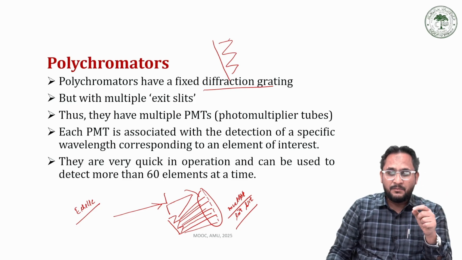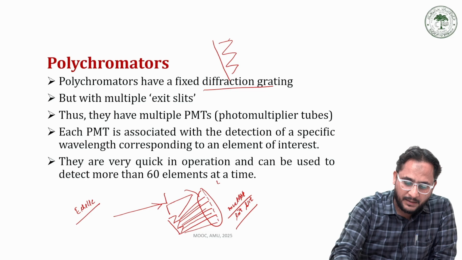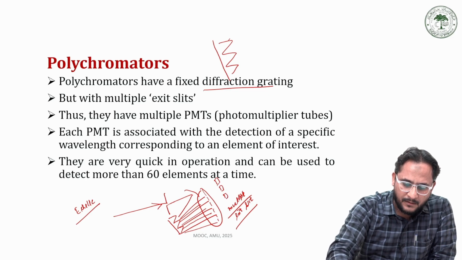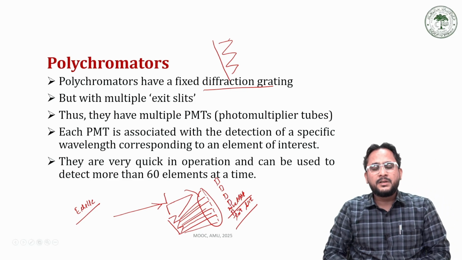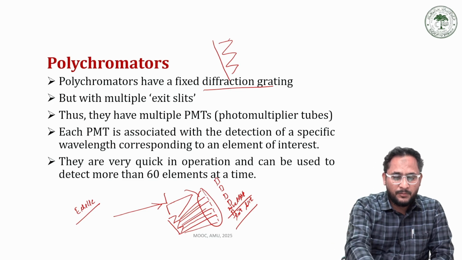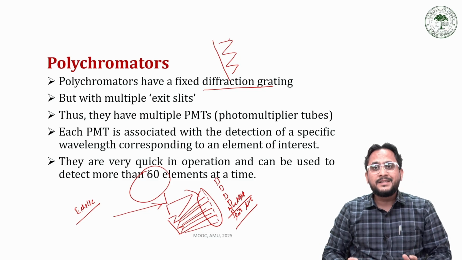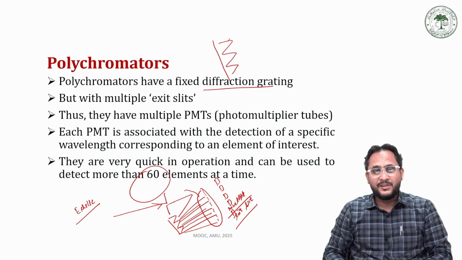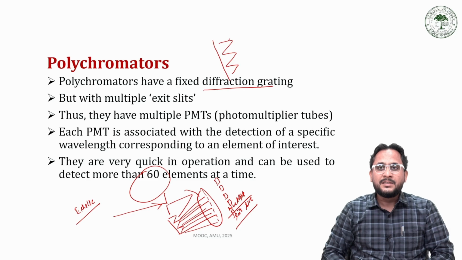When these light radiations are passing through multiple slits, we have multiple detectors placed in front of this polychromator, so that each photomultiplier tube detects a particular wavelength, confirming the presence of a given element in the sample, and we can go up to 60 elements. Can you believe this? 60 elements can be detected at a time.